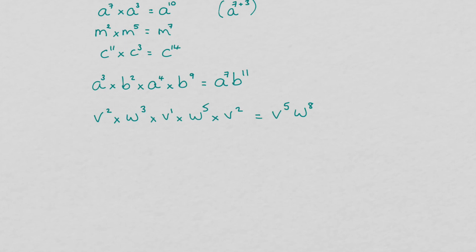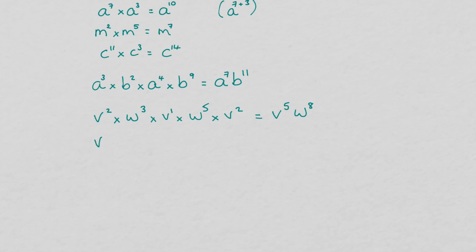Okay, so don't get yourselves all muddled up. Don't make it any more complicated than it needs to be. It's not complicated at all. Just take each letter on its own. If it helps you to rearrange the order, that's totally okay. So for example, this last one that we just did here, if we want to change the order to make it a bit easier for ourselves, we can put all the v's first, because when you're multiplying, it doesn't matter about the order.